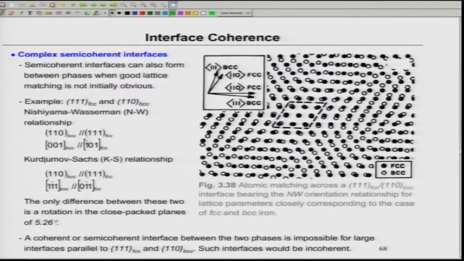The difference between both the cases is basically that the closest packed planes are rotated by about 5.26 degrees. Let me explain it carefully. If you look carefully here, this is the 110 plane of BCC and this is the 111 plane of FCC. The difference between these two orientations is about 5 degrees.